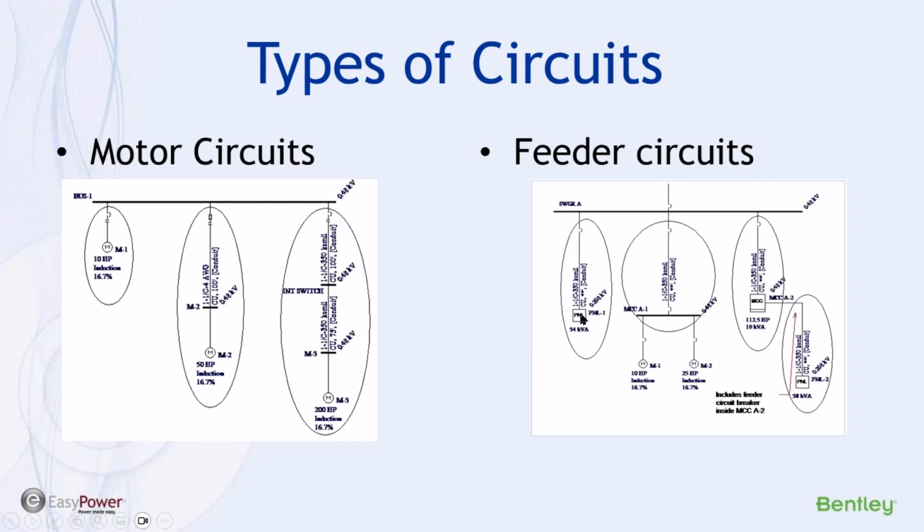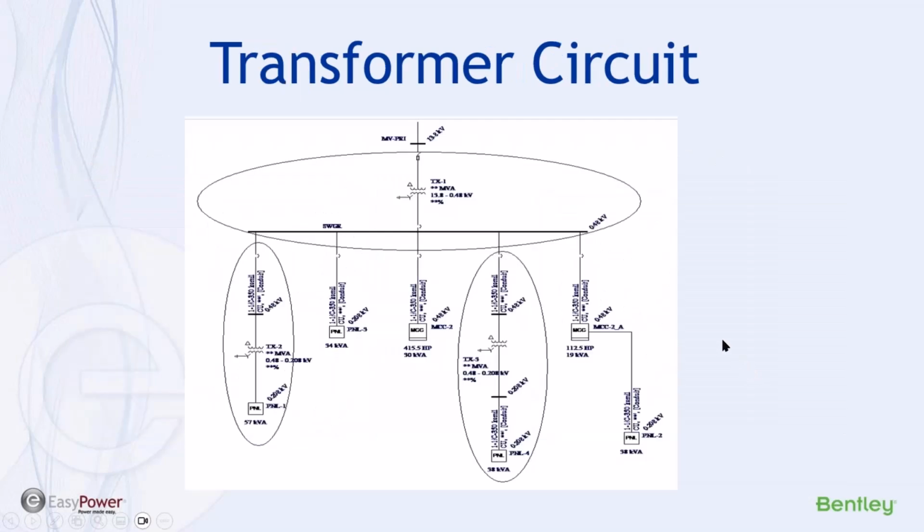Feeder circuits, where we have downstream panels or discrete elements. And MCCs with the ability to have downstream elements. And then transformer circuits. Again, the loads are discrete or separated, and the tool can calculate the loading from each feeder.